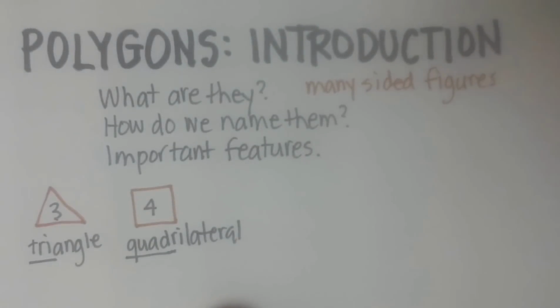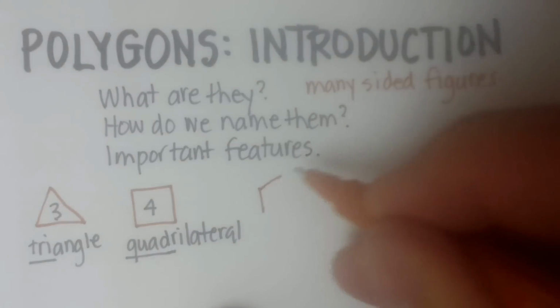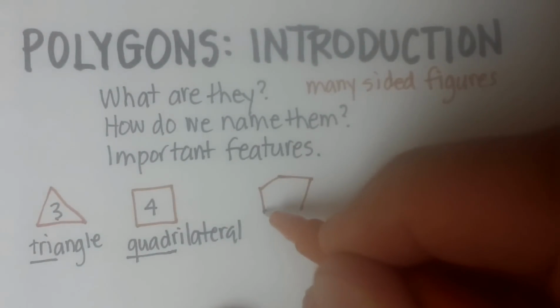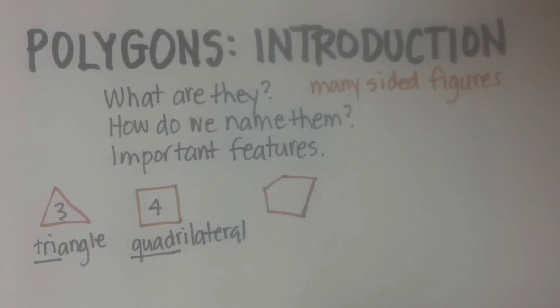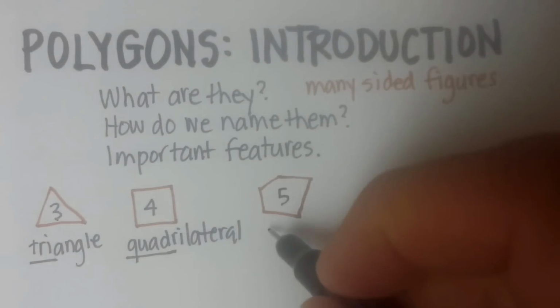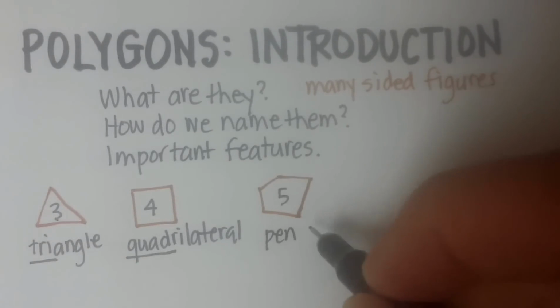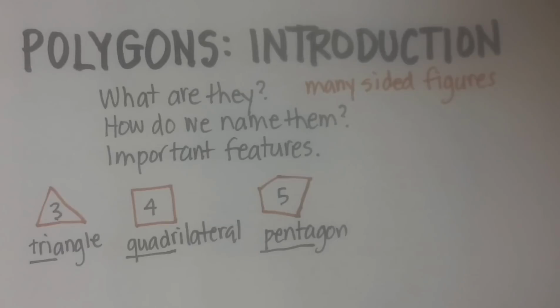Let's keep on moving up. A five-sided figure. And notice these do not have to be all even, but a five-sided figure is called a pentagon. Penta meaning five. And from here it starts to get pretty easy.